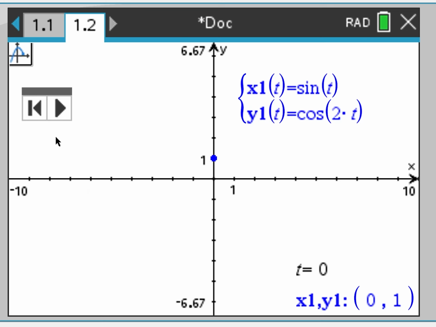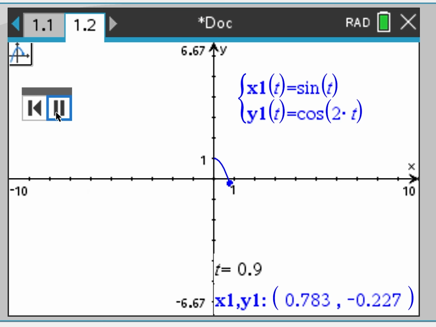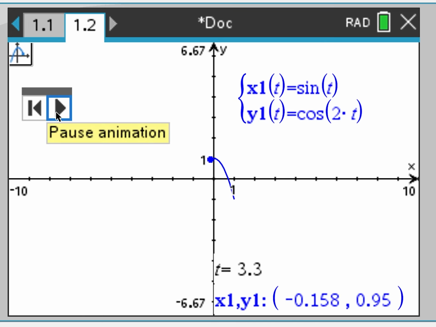Okay, and then if I start the animation, okay, so it went to 1 and negative 1 first. I'm going to write that down as well. It went to 1 and negative 1 first. And then it is going to the other side now.